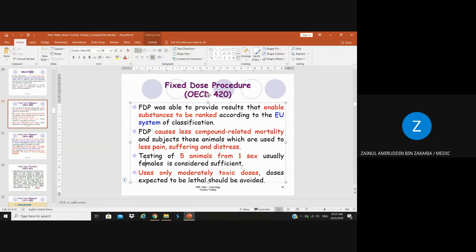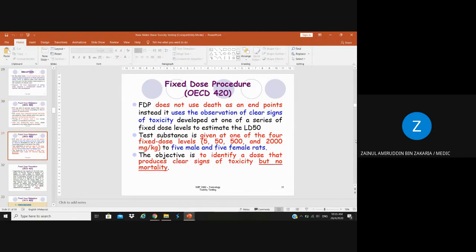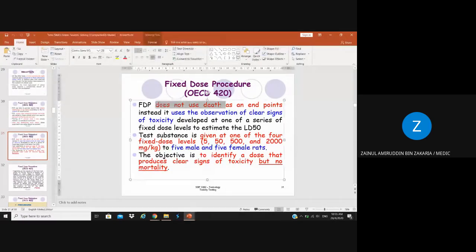So you just use moderately toxic doses, not until lethality is observed. As I told you, the 420 does not use death as an endpoint, just observation of clear signs of toxicity.